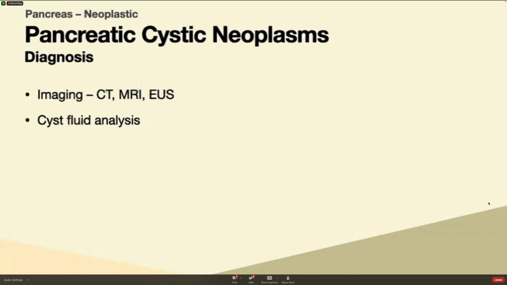If MRI is inadequate, then we also request for an EUS, which can also detect the internal septations and the mural nodularity, and in addition, fine needle aspiration of the fluid can be taken for analysis.